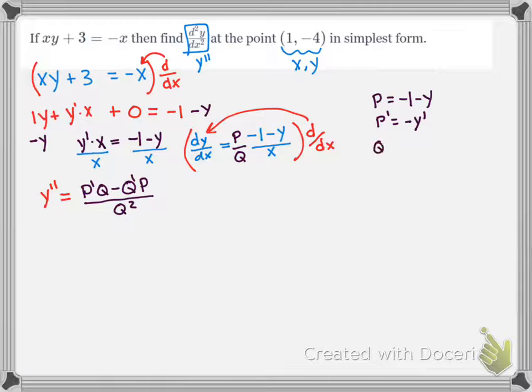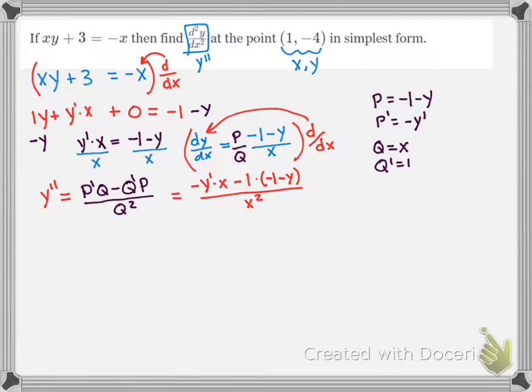And if our q is equal to x, then our q prime is equal to 1. So now we'll plug everything in here. P prime is negative y prime, q is x, minus q prime is 1, p is negative 1 minus y, all over our q, or our x squared.